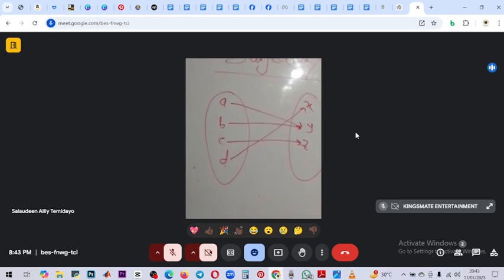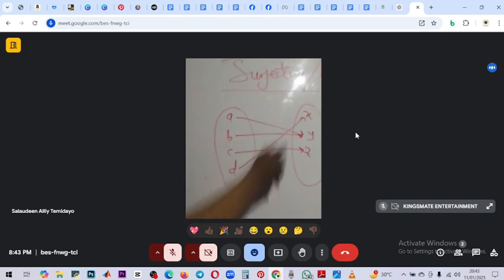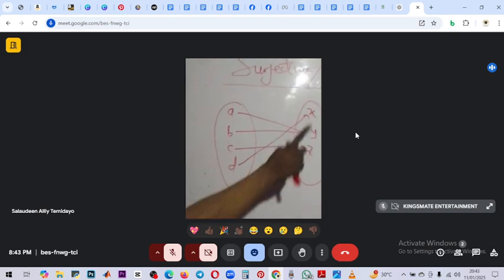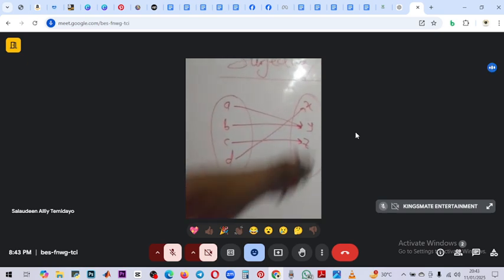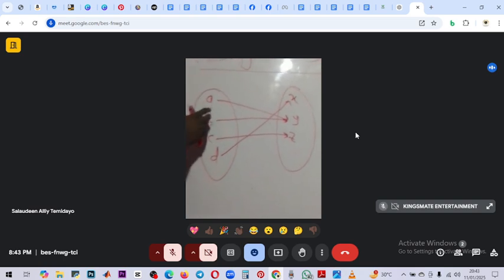If the image of the element is at least, it might be up to 1, it might be more than 1, at least a function of the element in this domain.